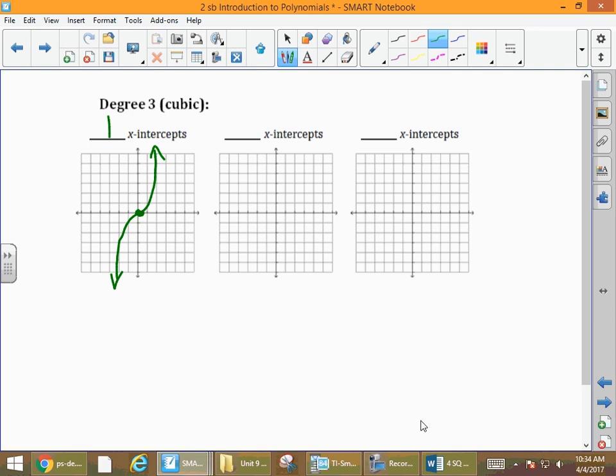And then we've got our standard ones, or at least similar pictures that we have seen yesterday and today. Well, we must be able to draw a cubic function with 2 x-intercepts. So we can draw something like this, where we cross the x-axis here and we cross the x-axis there. And we can also draw a picture where we cross 3 times.